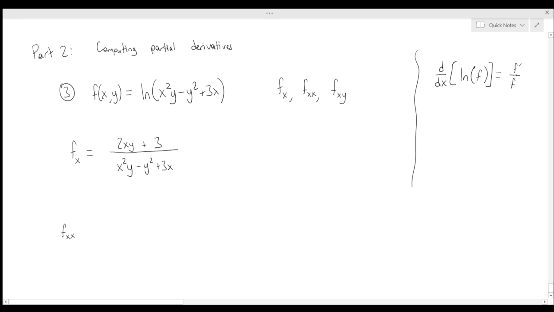Let's recall the quotient rule. The way that I usually remembered it was (u over v) prime is u prime v minus u v prime, over v squared.